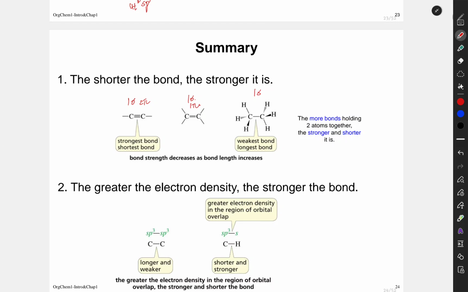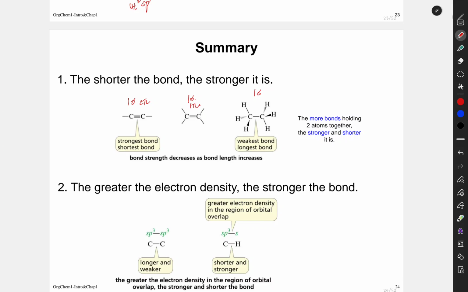So if you compare carbon-carbon bond and carbon-hydrogen bond, the carbon-hydrogen bond has a greater electron density in the region of the orbital overlap. That's why the CH bond in general is a shorter and stronger bond.